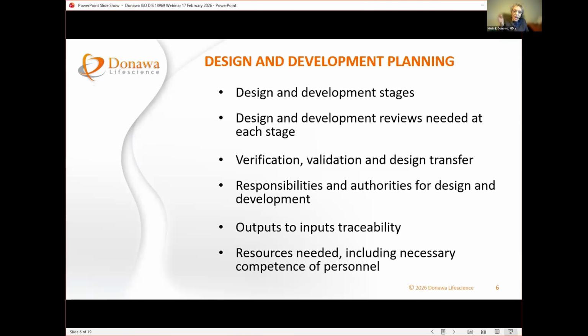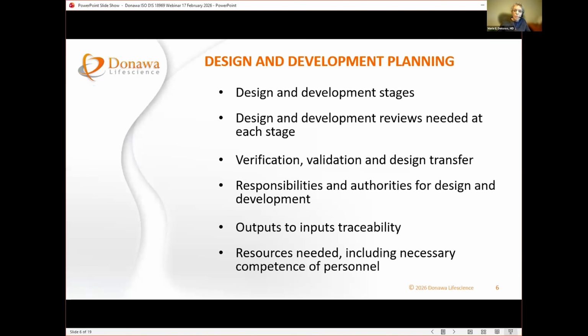So you define your stages, and then another important element is that you define the reviews that you are going to hold. These are meetings, they could be in person, they could be remote, whatever, meetings of the design and development people who are involved in that process. And the idea of the review is to evaluate each stage of the design and development. Then, of course, you have verification, validation, and design transfer.